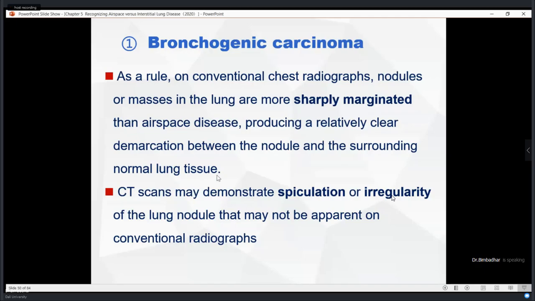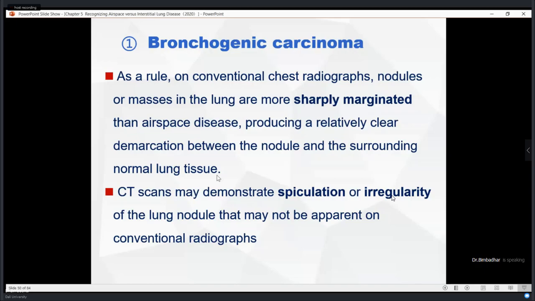You have to understand that pneumonias generally involve all over the lobes and entire segments, so they do not have clear margins. But how can you differentiate it from a bronchogenic carcinoma? You can differentiate it by the sharp margin.